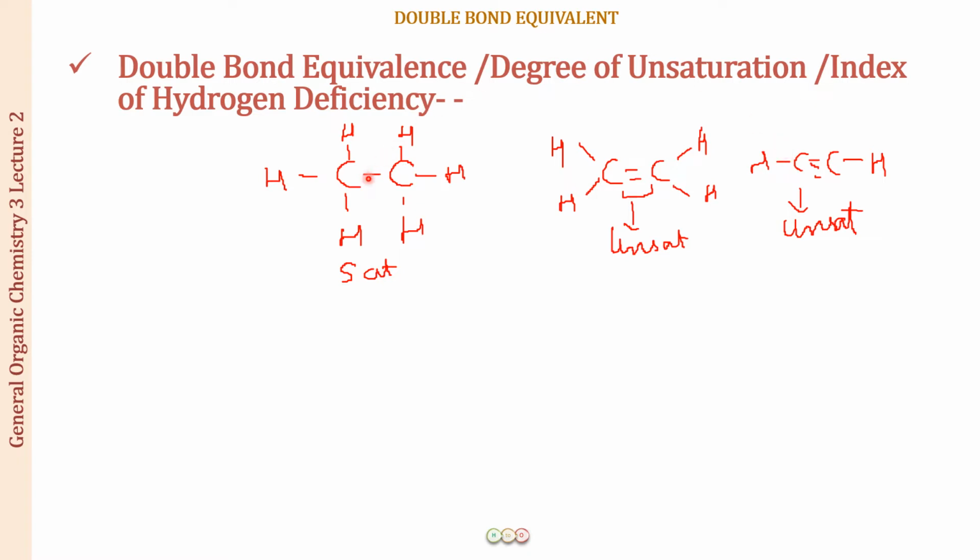So this was a single bond, this is a single bond plus a pi bond, and this is a single bond plus two pi bonds. So as we are increasing the degree of unsaturation, as we are increasing the number of pi bonds in the structure, the number of hydrogen atoms is decreasing, or you can say the hydrogen deficiency is increasing, right? So this is what we have as the meaning of the term.